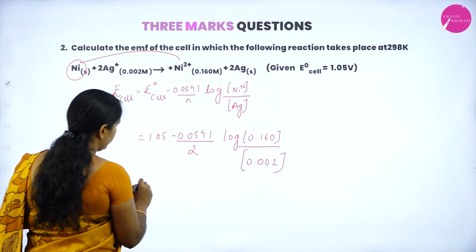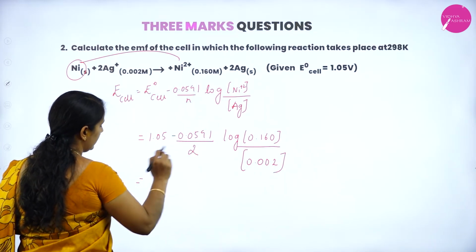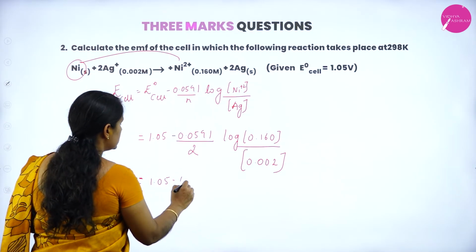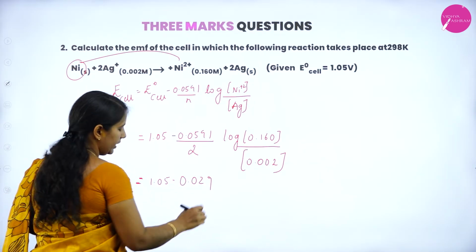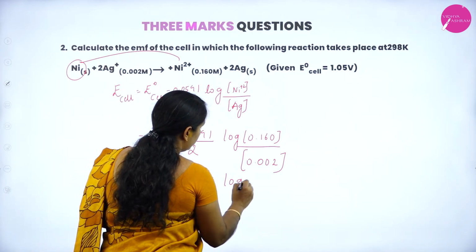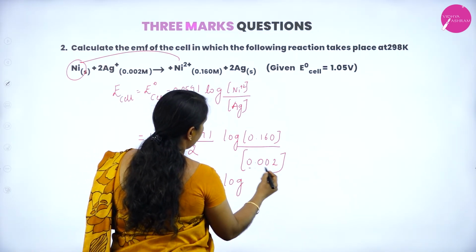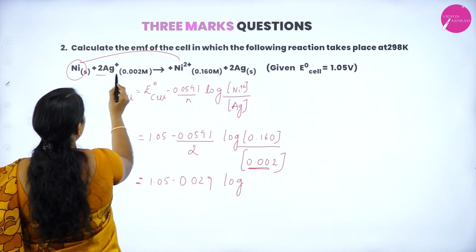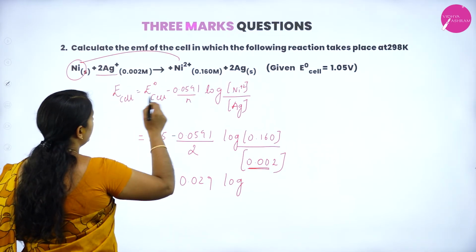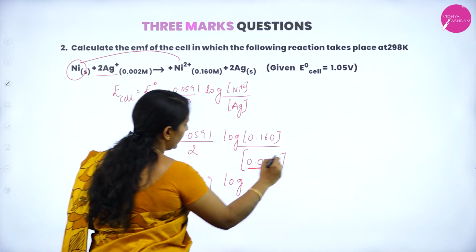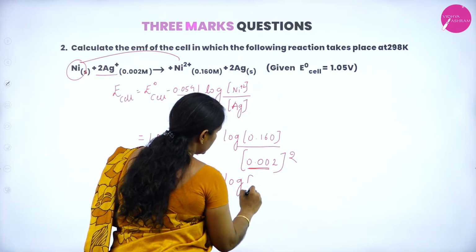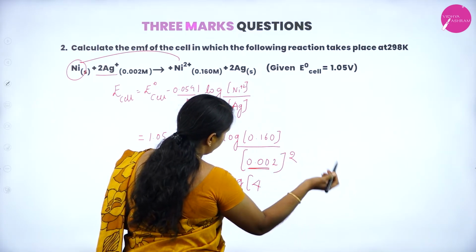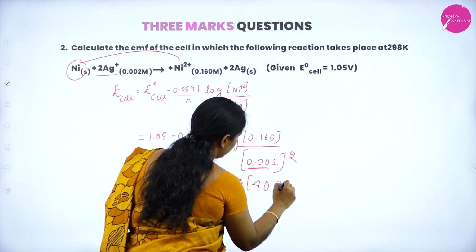First divide 0.0591 by 2, you will get 0.029, into log of the concentration of silver. Silver loses 1 electron, thereby there are 2 silver atoms, so I have to take the whole square. So log of 0.160 divided by 0.002 whole square, it is 40,000.